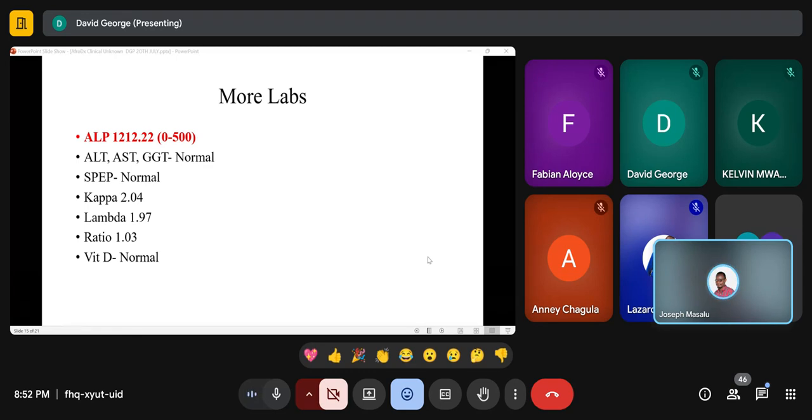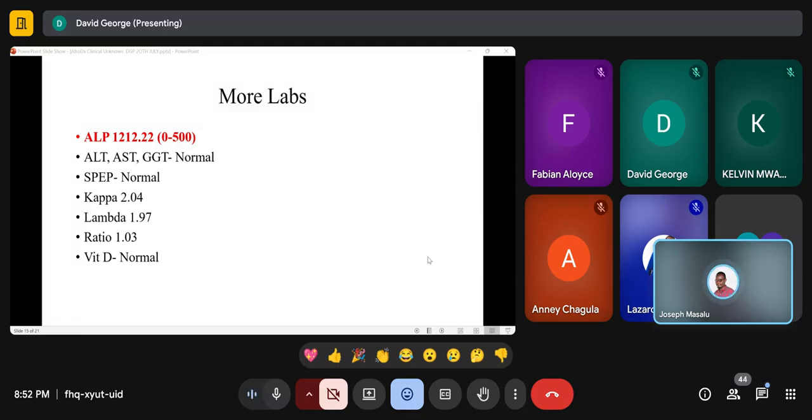So it has to be Cushing syndrome. And as David has reminded me, you have to do an overnight dexamethasone suppression test where you give, I think, 1 milligram or something, then you take the morning cortisol the next morning.